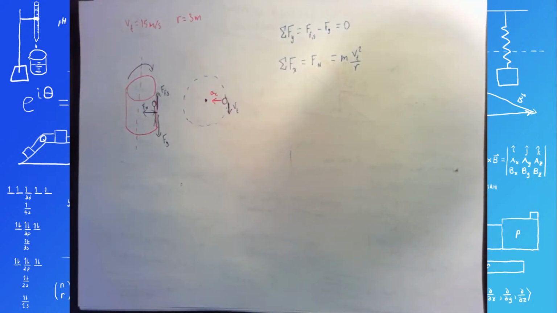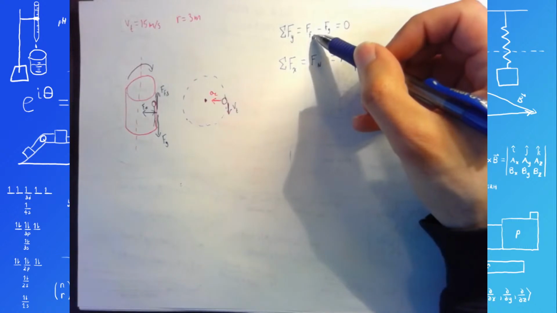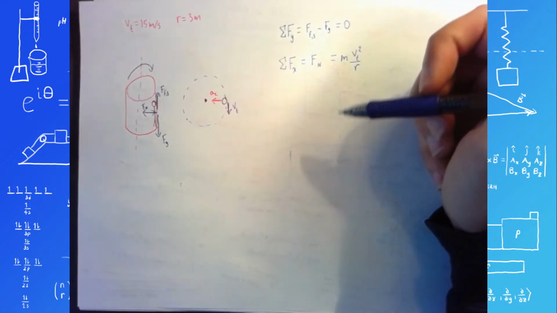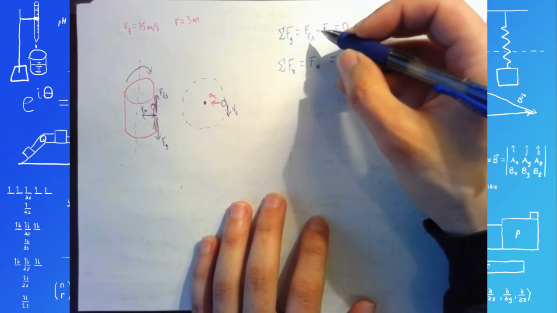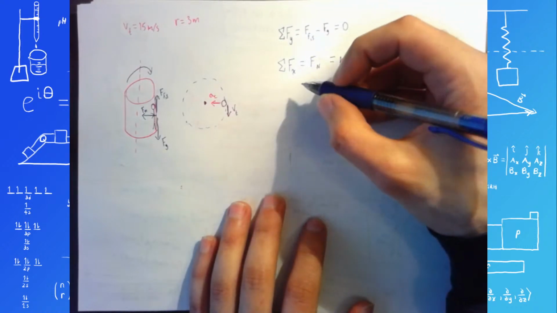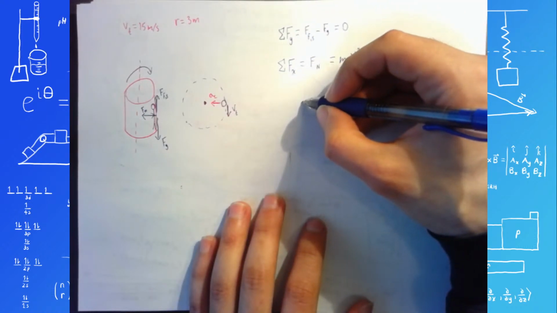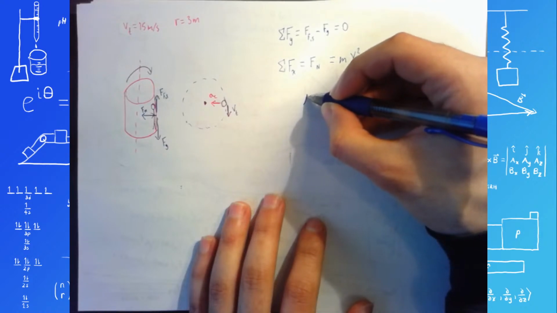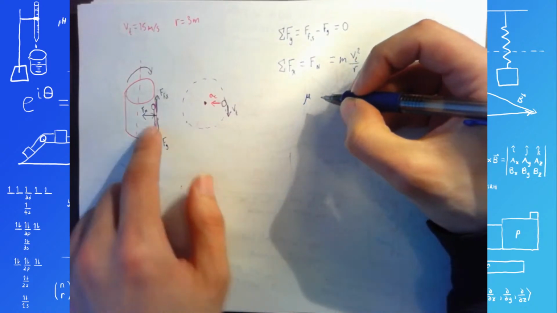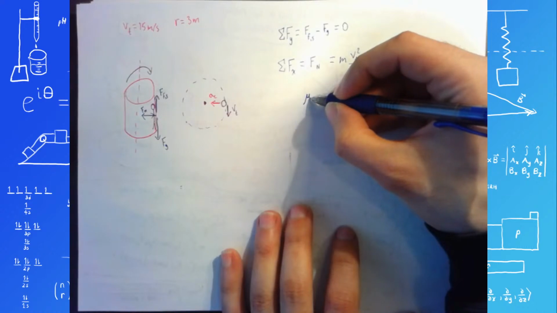We can rewrite force friction static and force of gravity. We're going to assume that the force of friction static is already maxed out because they said what minimum coefficient of static friction. So if it's the lowest coefficient you can have, then we're assuming a condition where the static friction is maxed out.